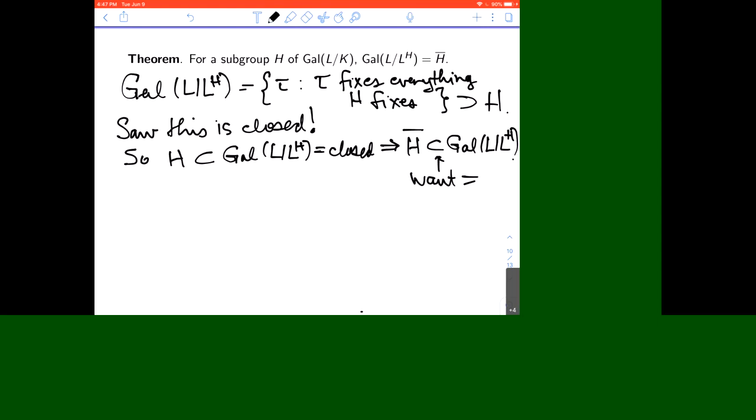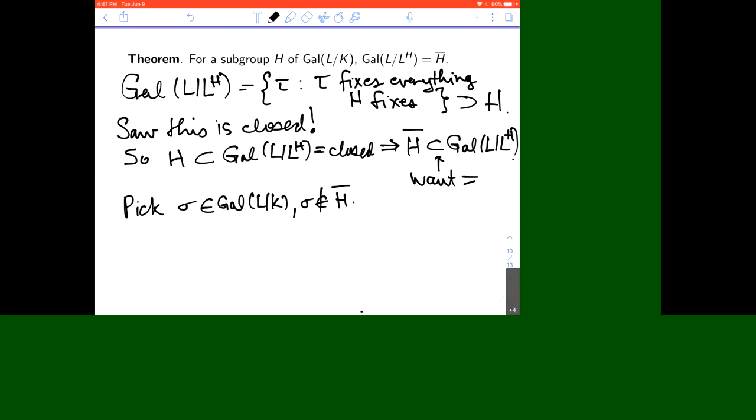So what we're going to do is, to show that those are equal, I'm going to pick an element sigma in the big Galois group that's not in H bar.